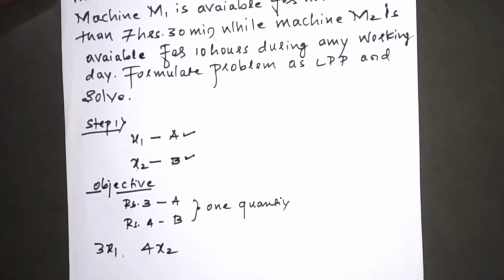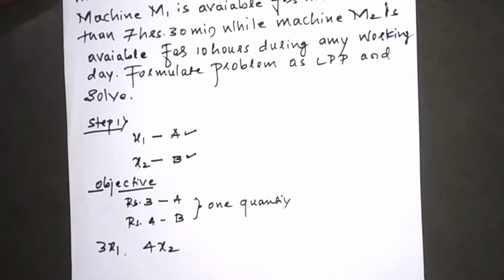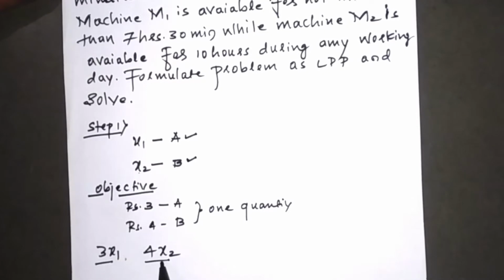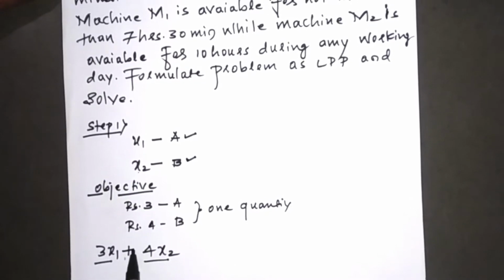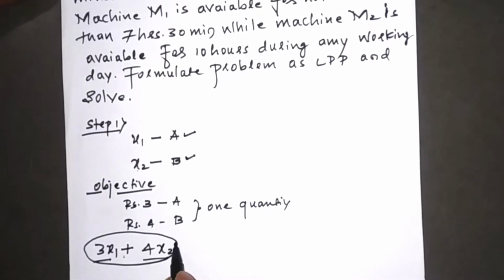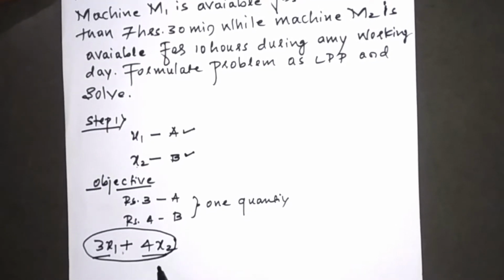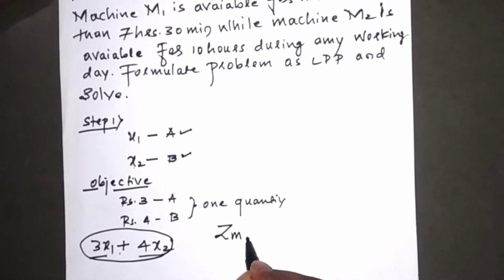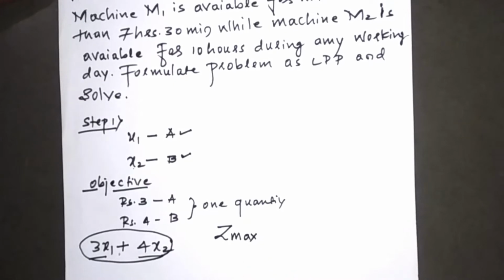So altogether the total profit will be the sum of the profit from product A and the profit from product B. In order to do this, I have to add them. The addition will provide me the total profit earned from products A and B. So profit is our maximization function, and my objective function will be Z max.